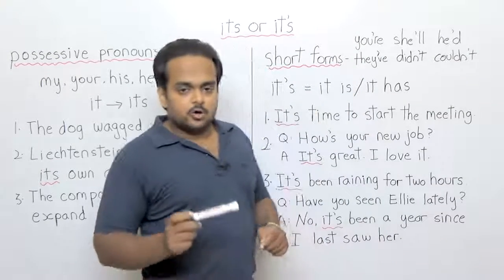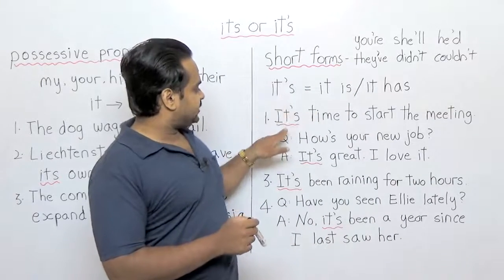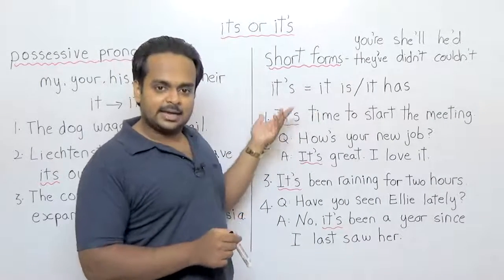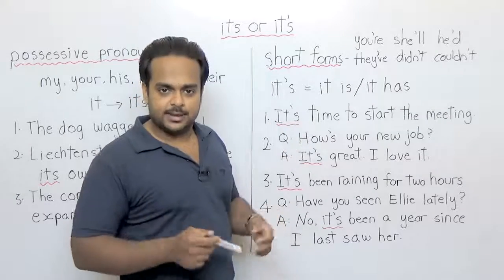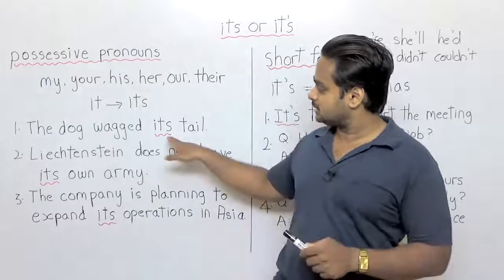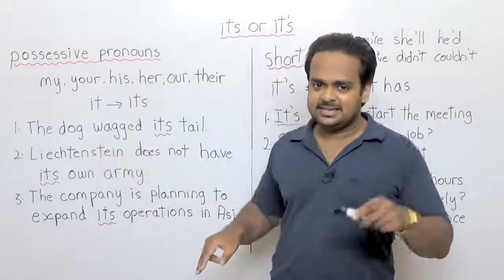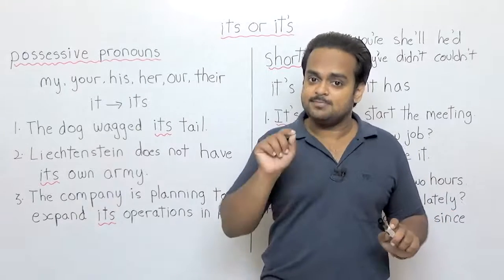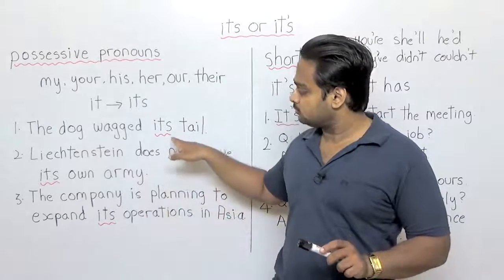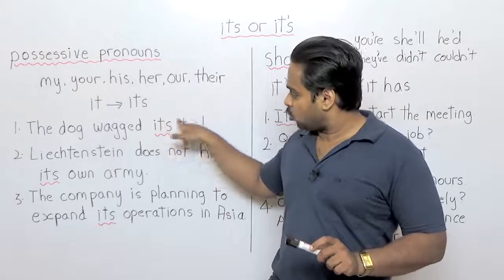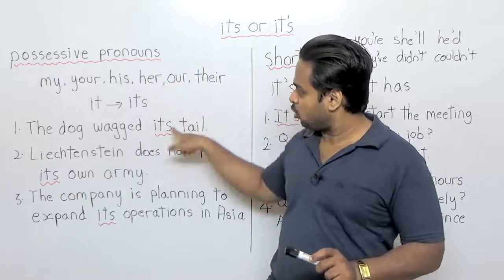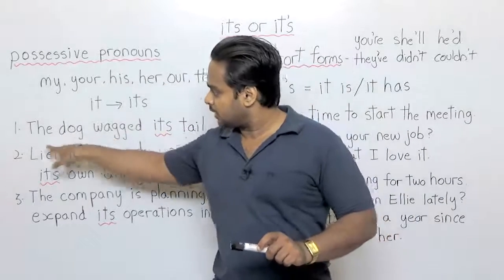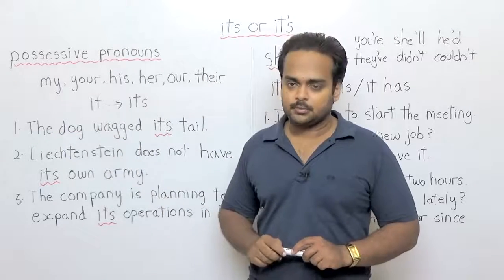That means, remember we said if you have it's, you can put it is or it has in the place and the meaning would be the same. Notice here, you cannot say the dog wagged it is tail or it has tail. That makes no sense. That's because there is no short form. Okay? This word is just a possessive pronoun of some other noun, and in this case, it's dog.